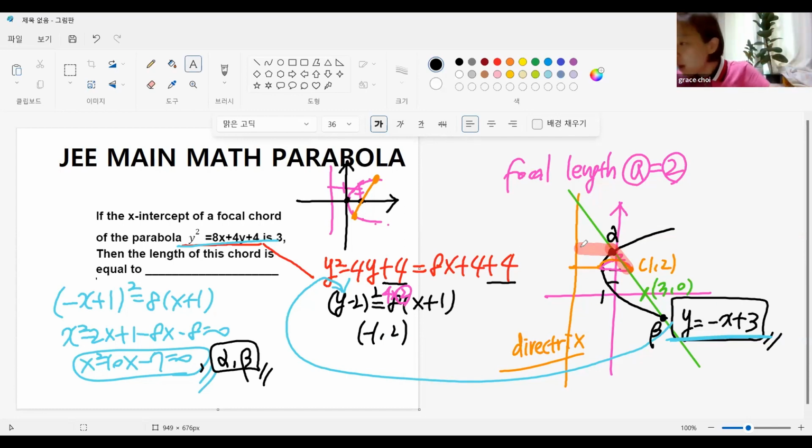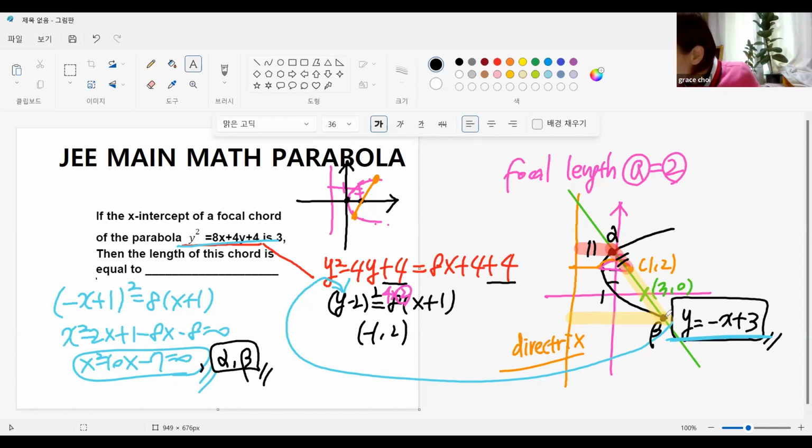Exactly the same. And how about the yellow part? The length is the same too. For the other extremity, the distance to the focus is equal to the distance to the directrix line.